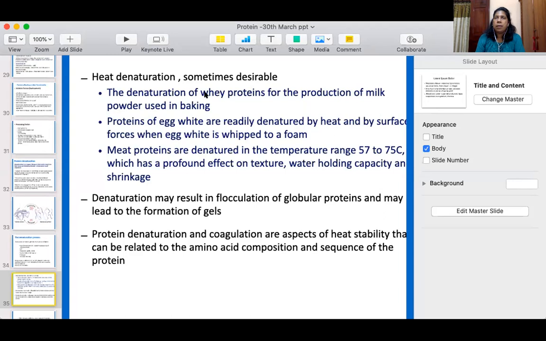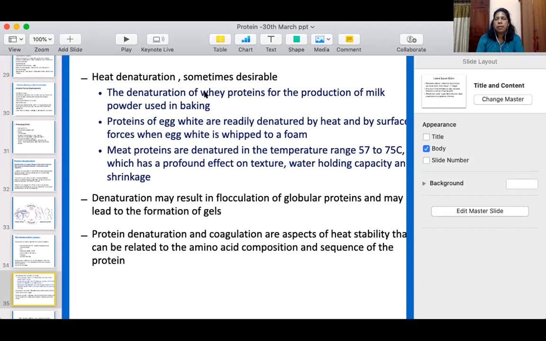Whey protein has a different structure. So write down: what are the components in whey protein? What amino acids are available in whey protein, and what are the characteristics of those amino acids?